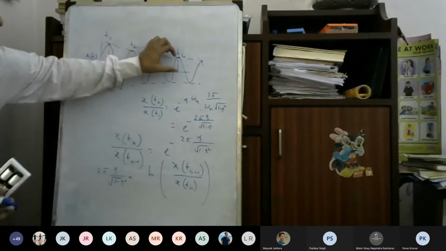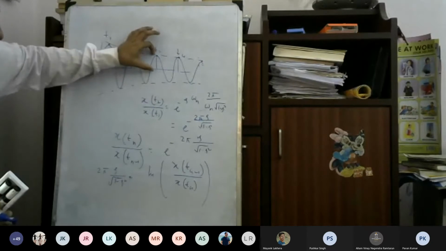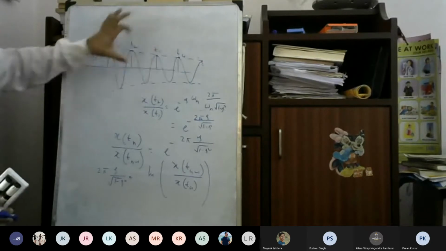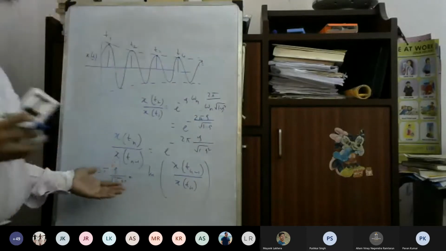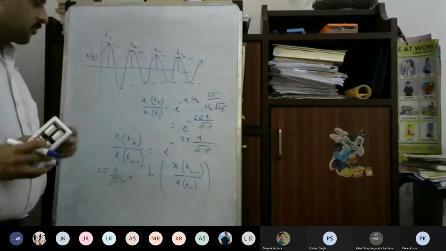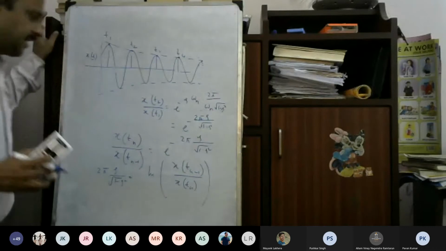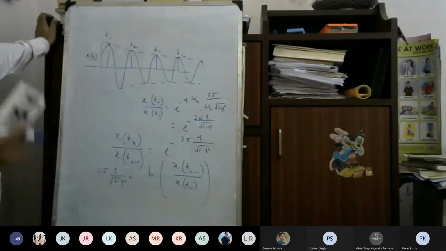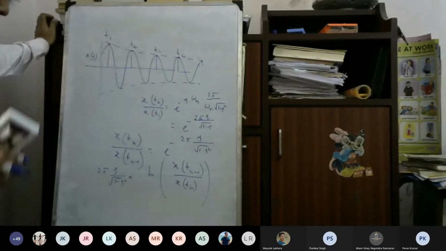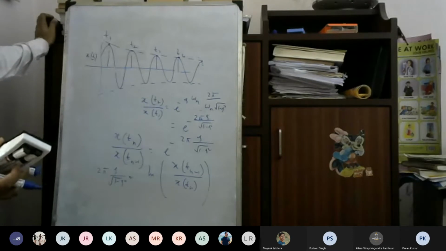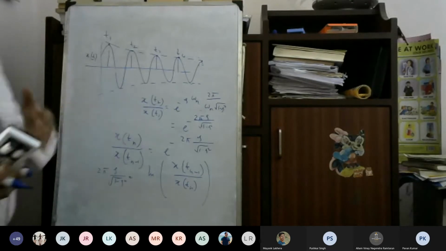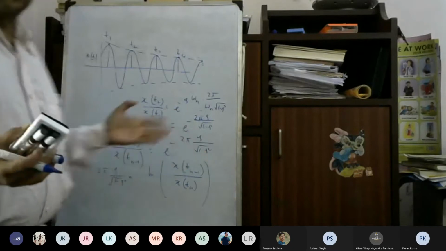If you plot this quantity by this quantity, or this by that, it will depend only on zeta. So this gives us one method to estimate the value of damping, because we do not know the value of damping. Natural frequency is very easy to find out, because you just get the time period of oscillation.